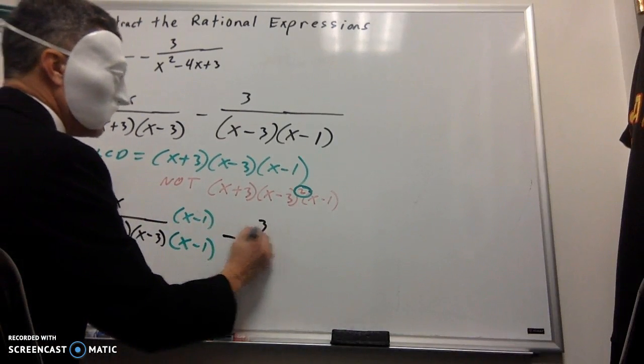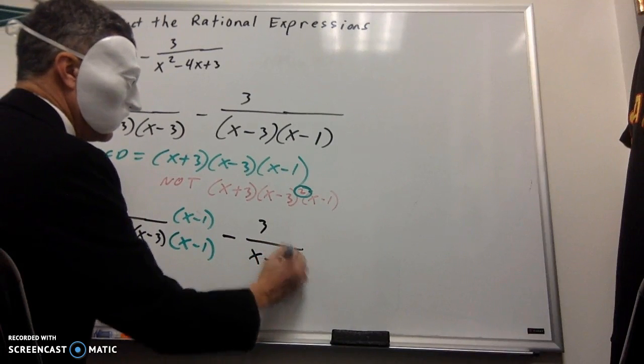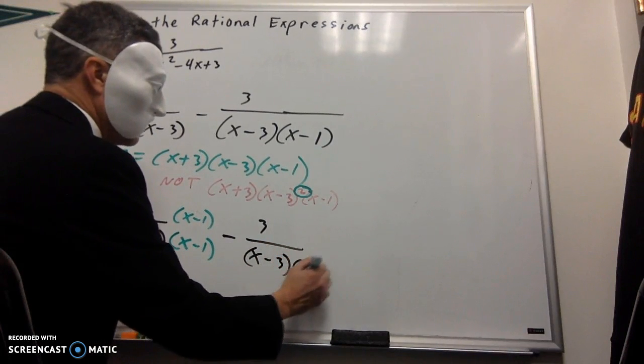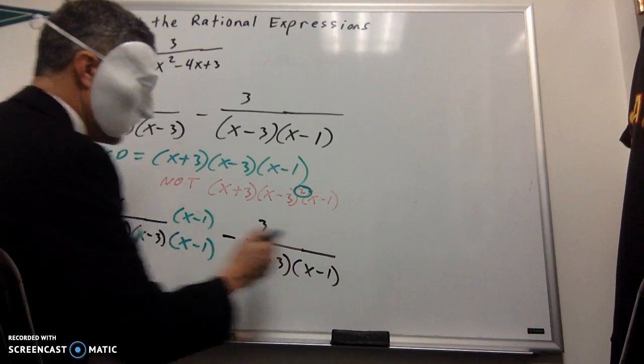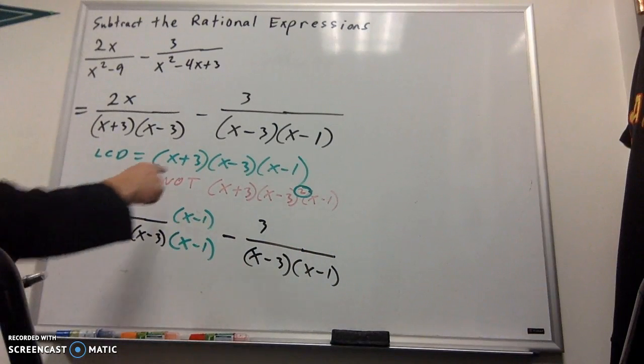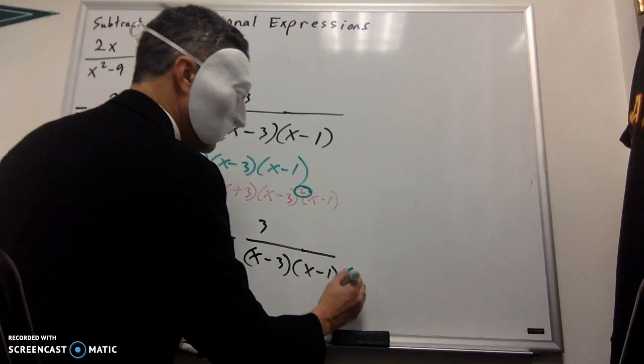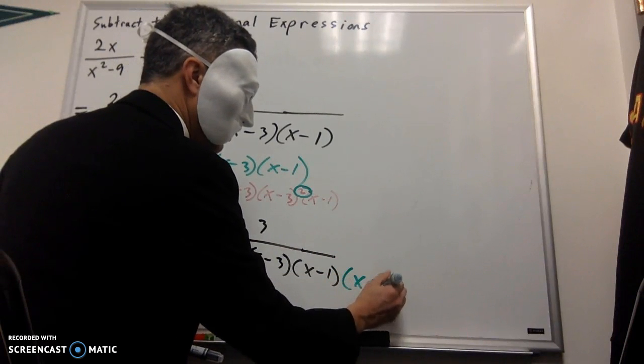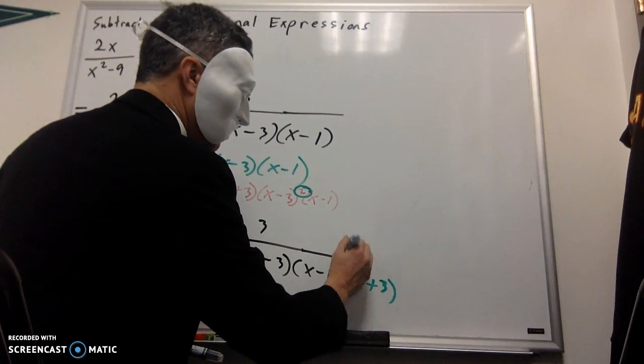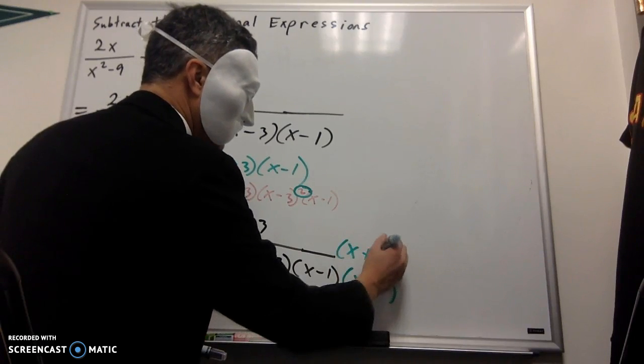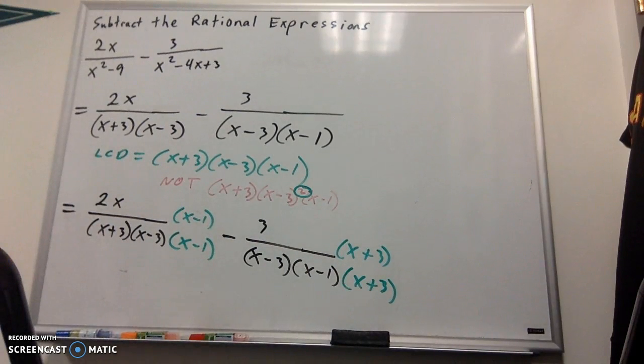Minus 3 over x minus 3 times x minus 1. What's missing? Let's see, the x plus 3. 3 is my favorite number, but darn if I could write the 3. Okay, so I've got my least common denominator.